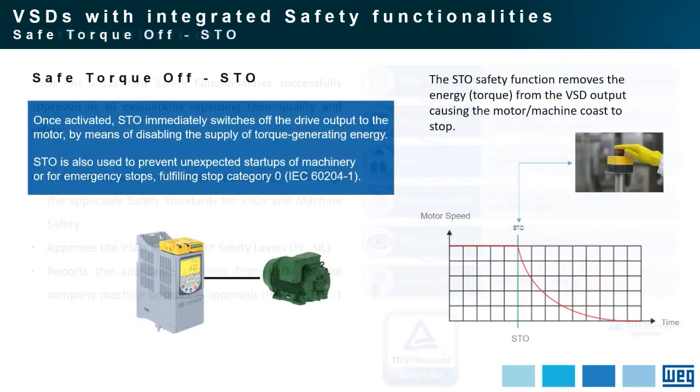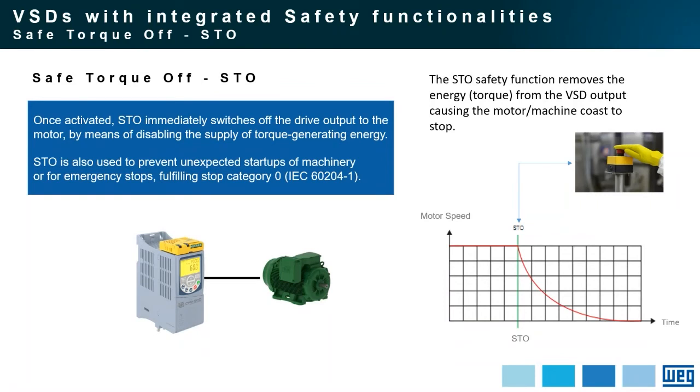So we spoke about the main benefits of using a variable speed drive, but it is also important to know more about the safety functionalities integrated in the variable speed drive. The first one we'll talk about here is the safe torque off, also called by the market STO. So this functionality, when activated, will switch off the drive output to the motor by disabling the supply of torque generating energy.